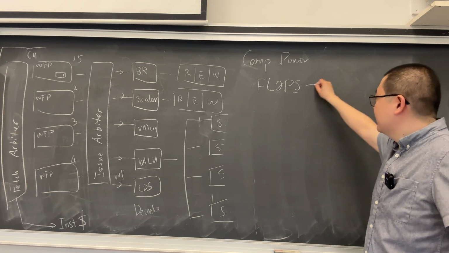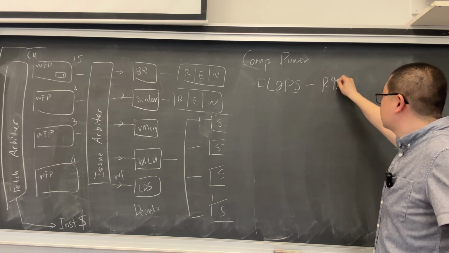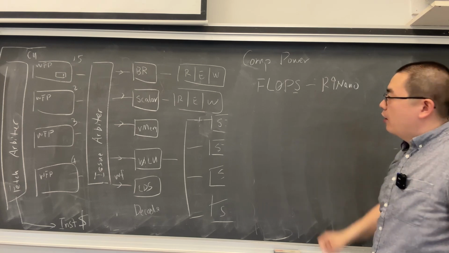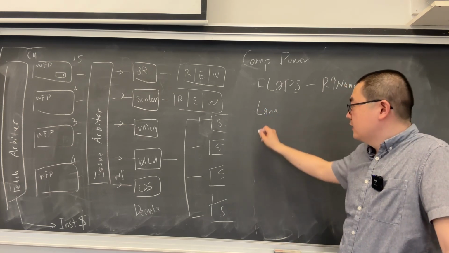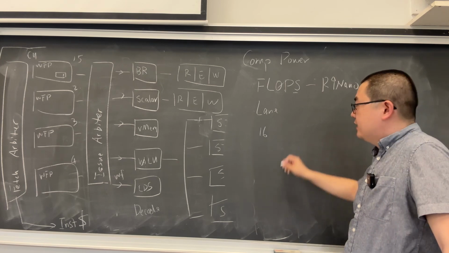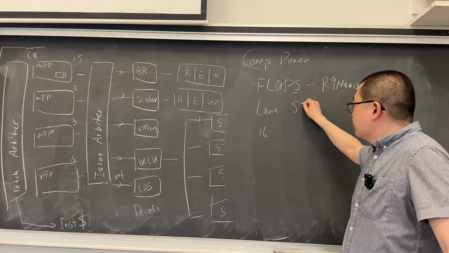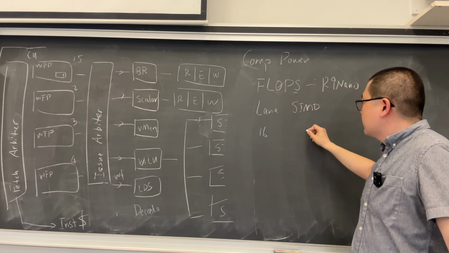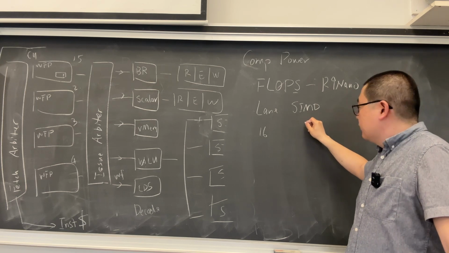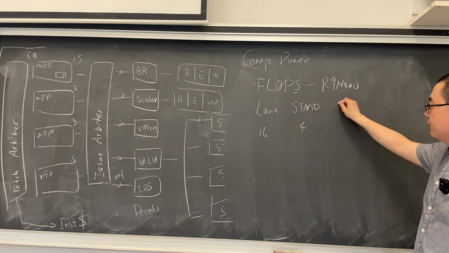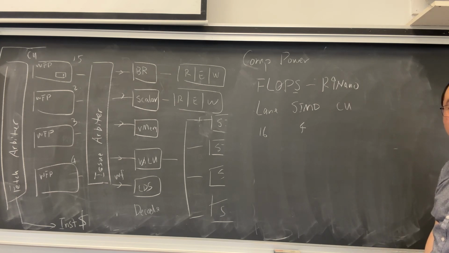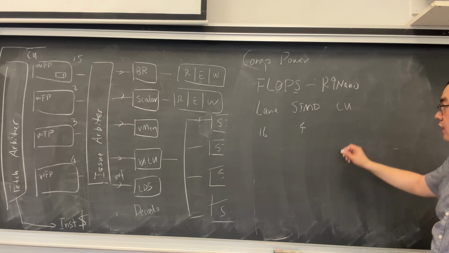So let's calculate R9 Nano. How many lanes per SIMD? 16, right? How many SIMD per CU? 4, right? 4 SIMD units per CU. How many CU per GPU? 64.